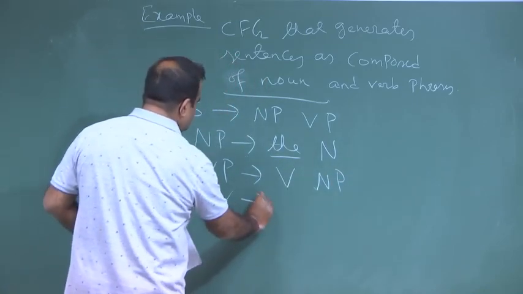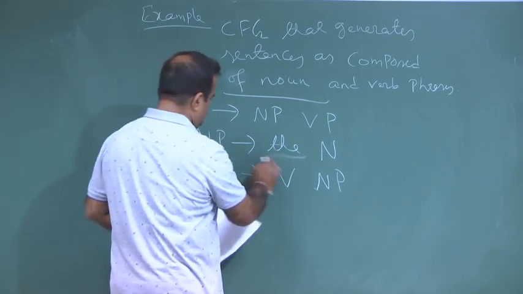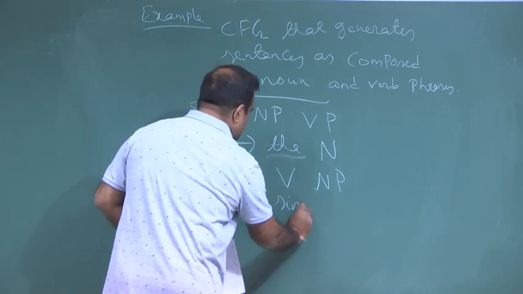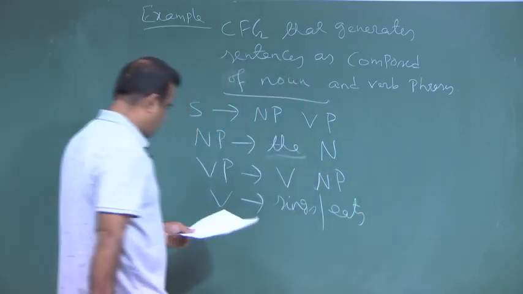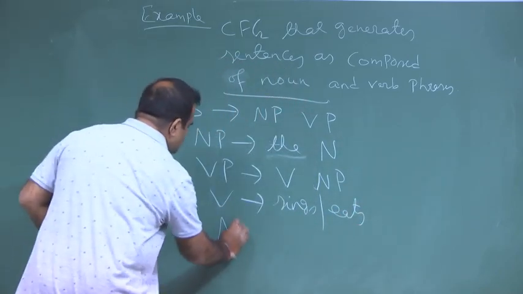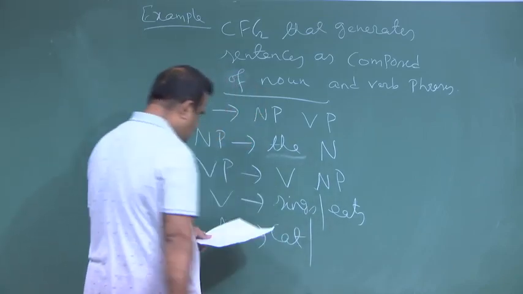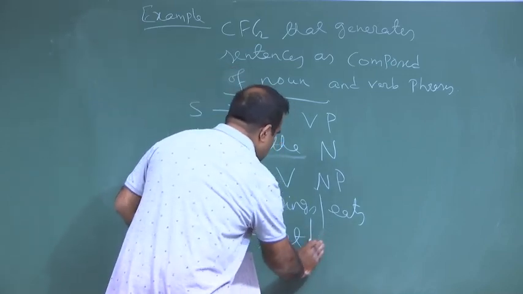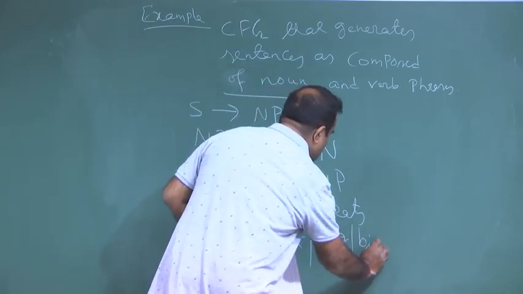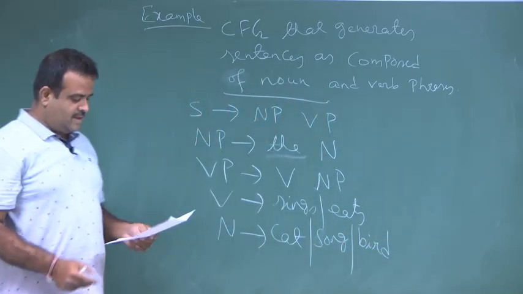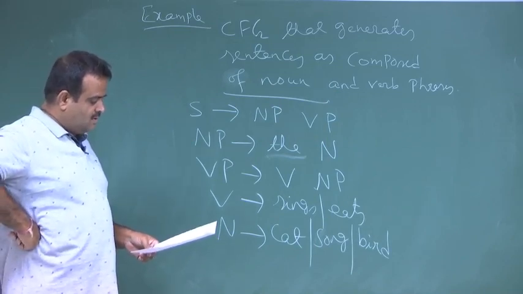The verb, say there are two verbs, sings or eats, and the nouns are say cat, song and bird. Okay.